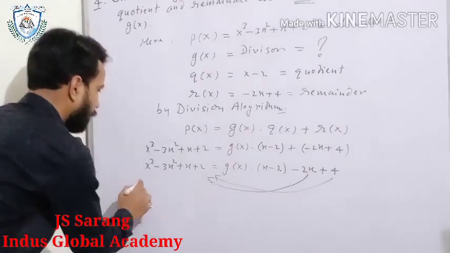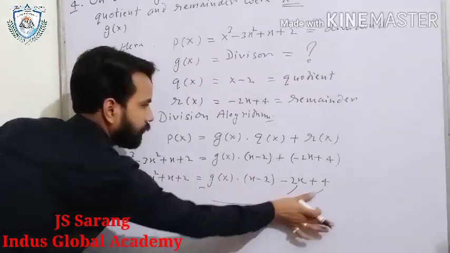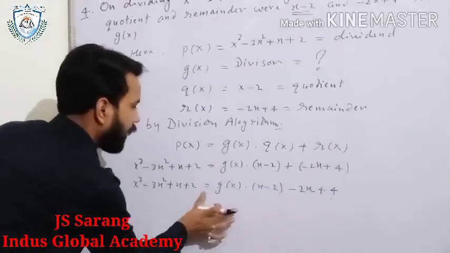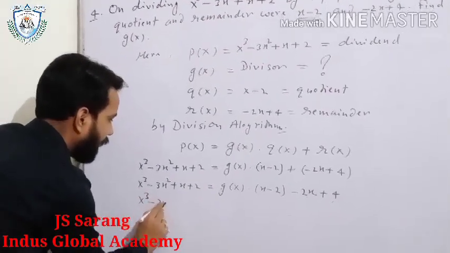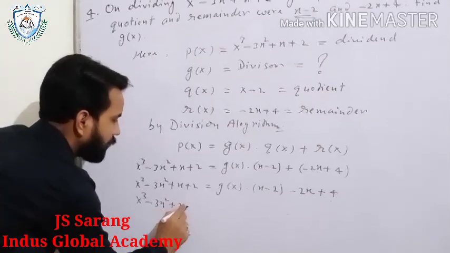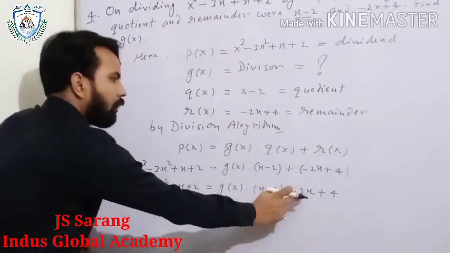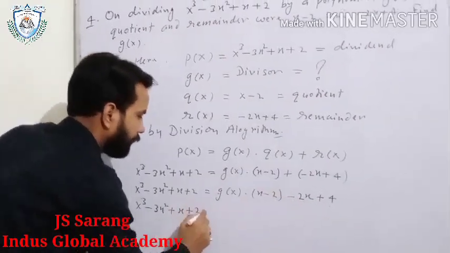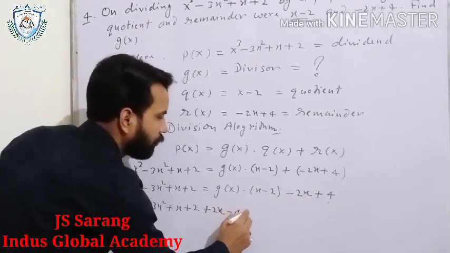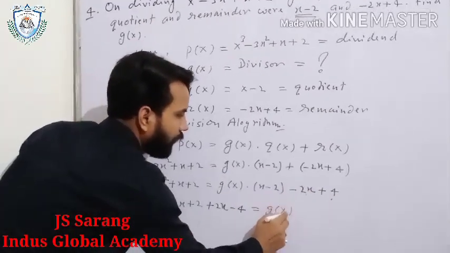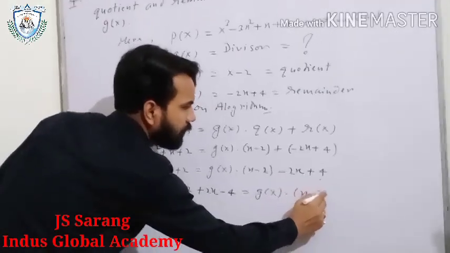So here we will get x cube minus 3x square plus x plus 2. Now this minus 2x we will shift here, so it will be plus 2x, and this 4 will be minus 4, equal to g(x) into x minus 2.